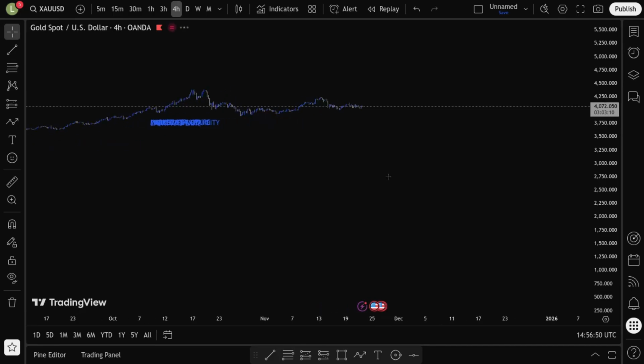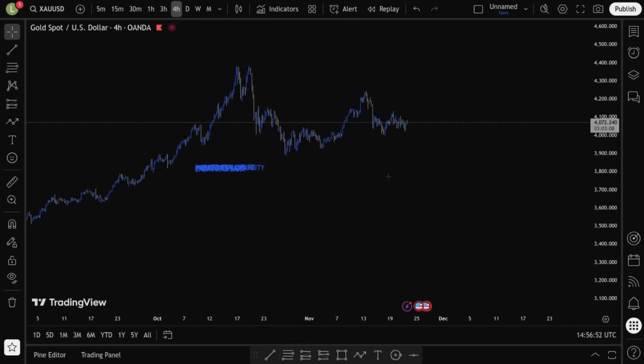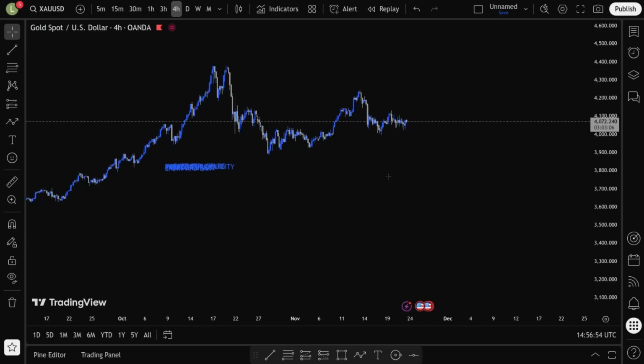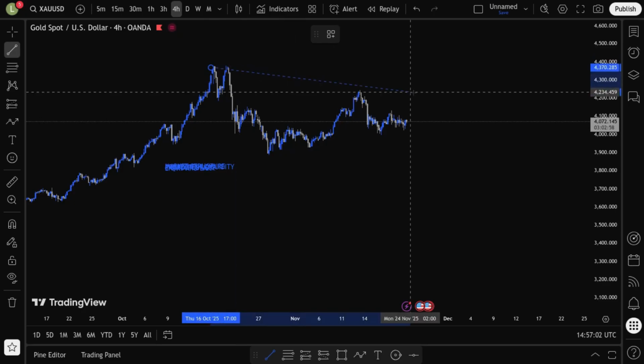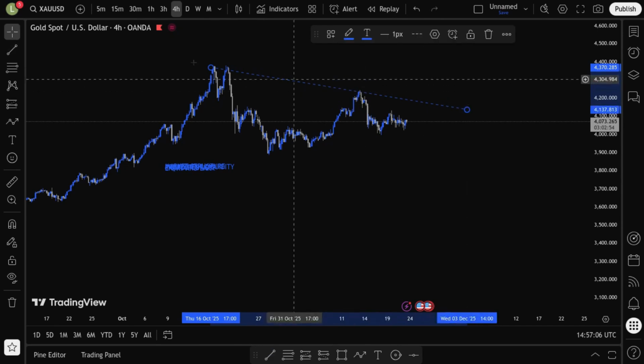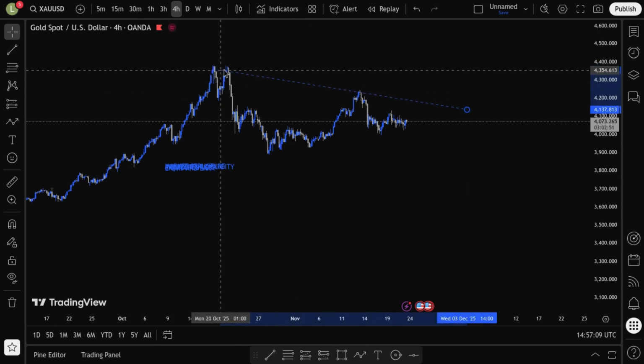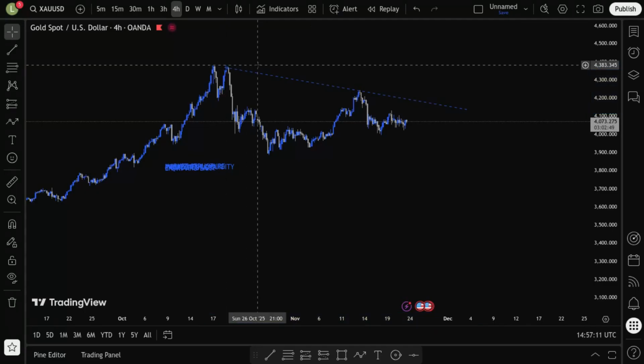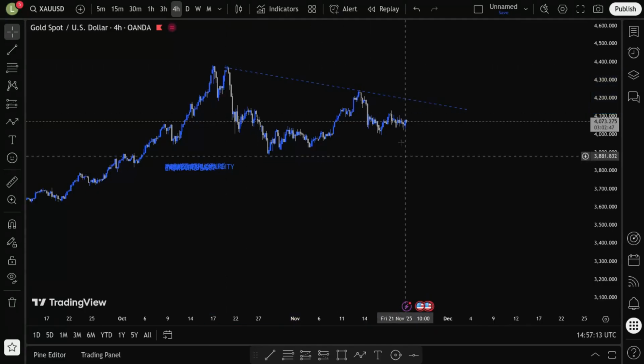The 4-hour time frame is showing me a temporary downtrend that gold might respect. That is this one. Although this is looking like a double top, let's mark it like this. So this is the market structure for XAUUSD.